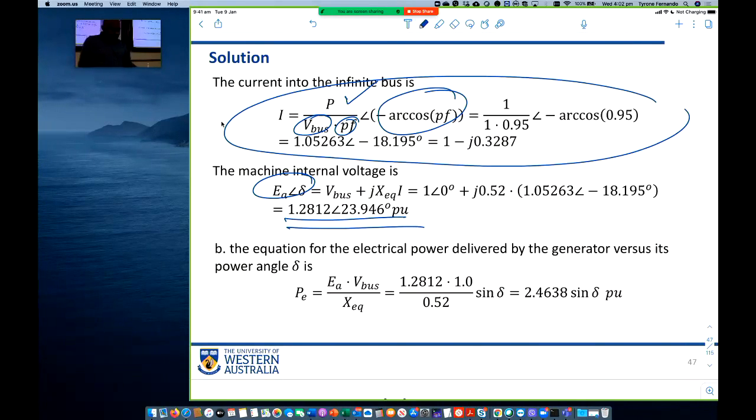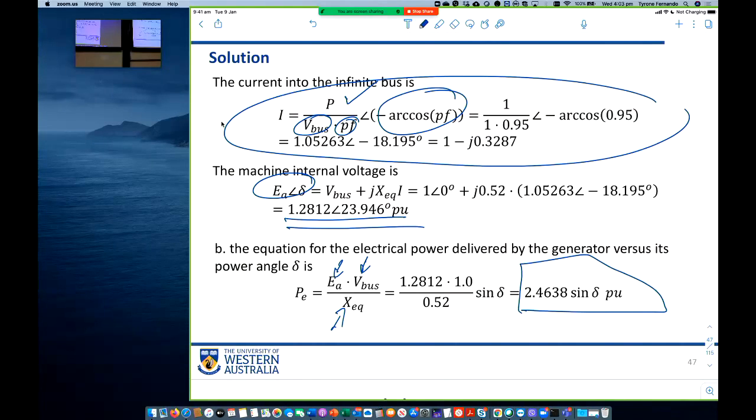Electrical power has to do with the magnitude of EA, the bus voltage, which is 1, and the equivalent reactance connecting the generator and the bus, which we know. So that's the electrical power, which is a function of delta.